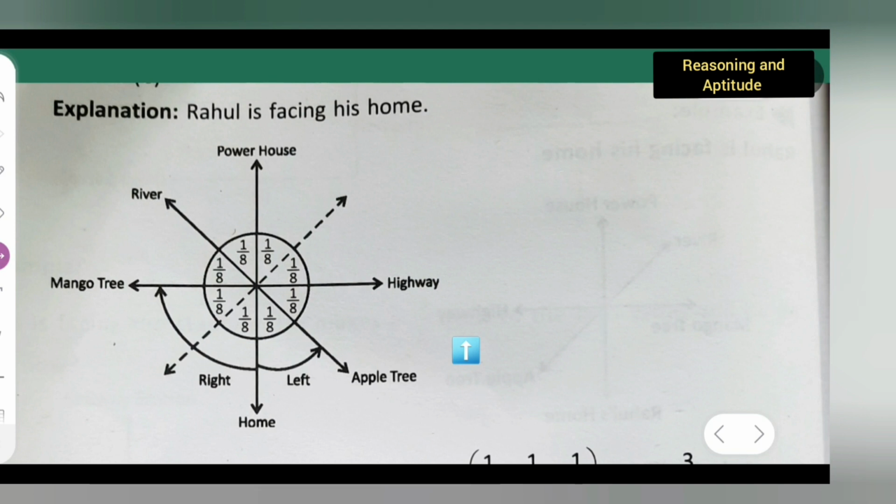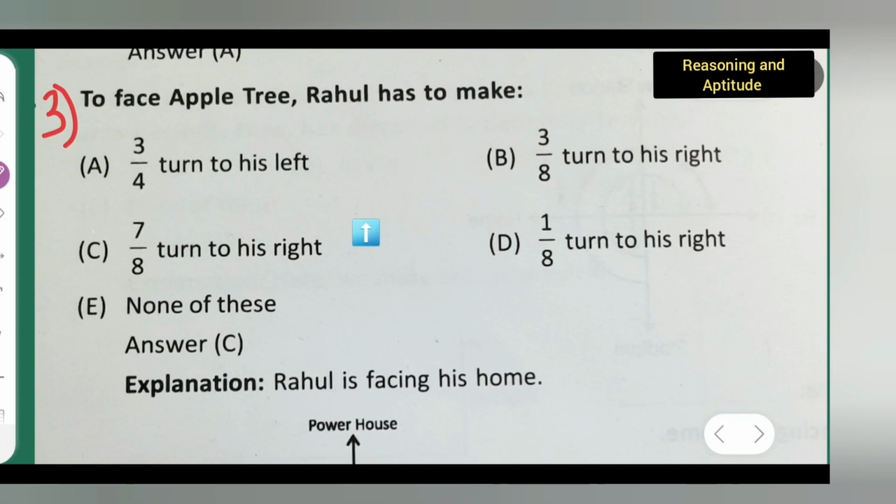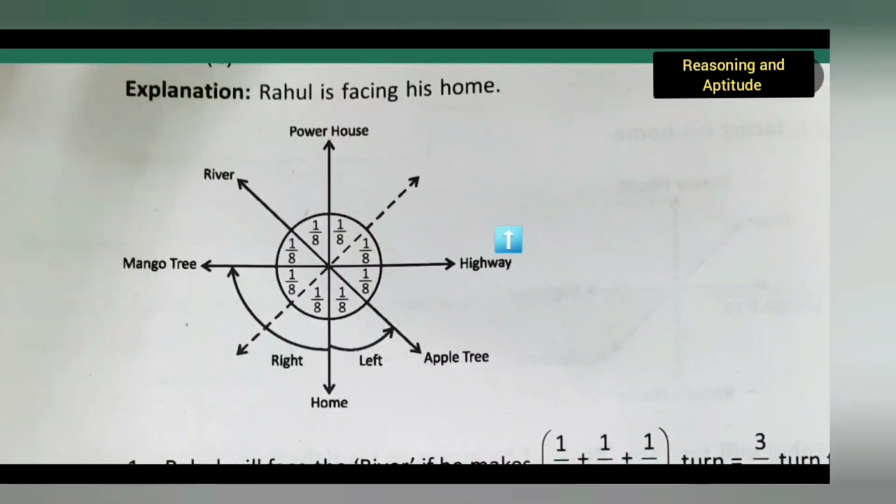So obviously it will be 1, 2, 3. He has to face the apple tree. How many turns does Rahul have to make? It is not mentioned whether he should turn towards the left or right.